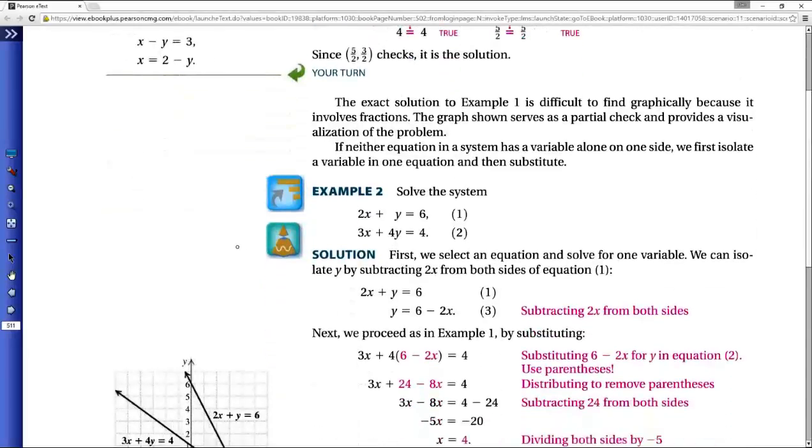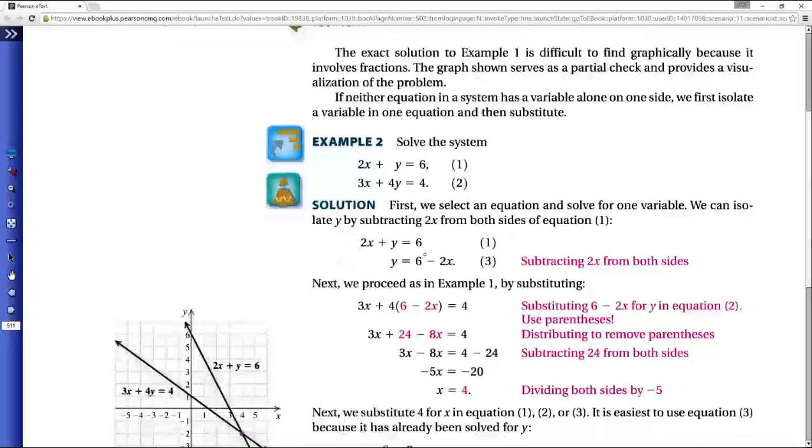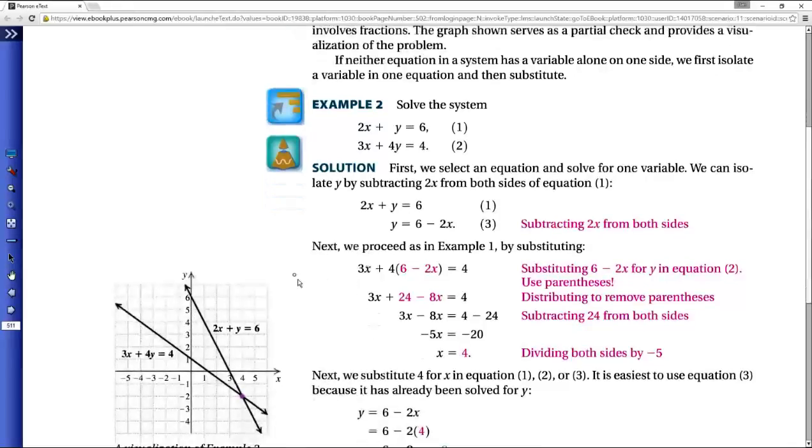Example 2, they go through another case here where we have these two equations. Well, they're not pre-solved for one variable, so we choose one. So first we select an equation and solve for one variable. In this case, they took 2x plus y equals 6, and they solve for y, which is y equals 6 minus 2x, or you could write it as negative 2x plus 6.